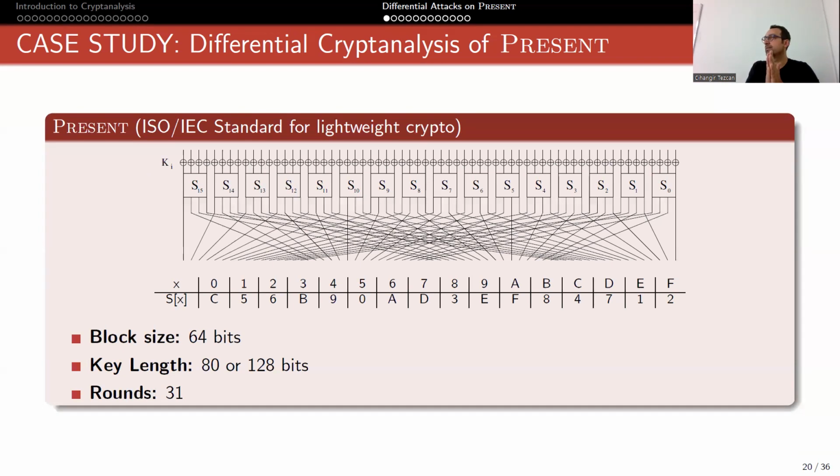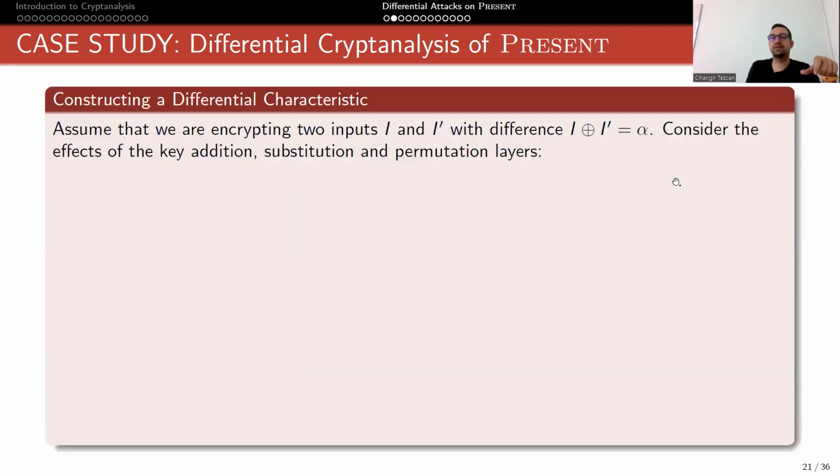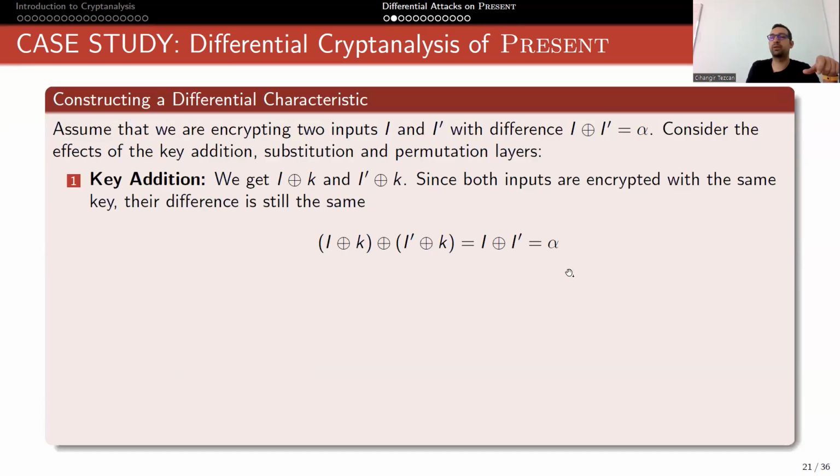This is what we are saying. Since I don't know the secret key, I cannot know what the inputs of these S boxes are, but I can follow what the difference is, how it changes, and alpha doesn't change after this operation.